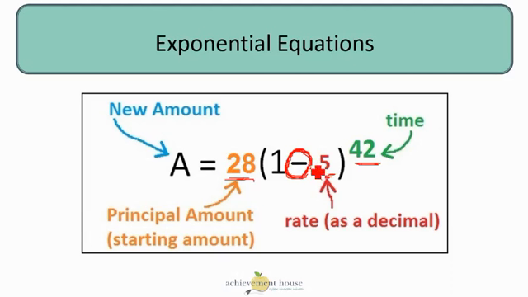So, if you think about exponential growth, think about a bank account. If it's increasing, let's just say 10% every year, that means you're going to have whatever your starting amount was times 100%, which is just 1.